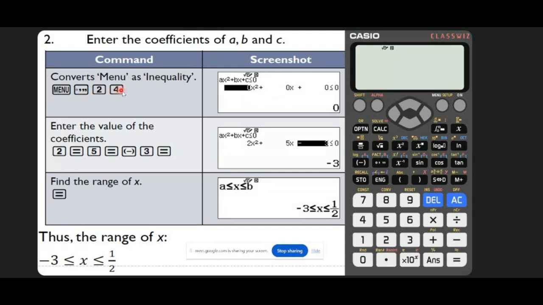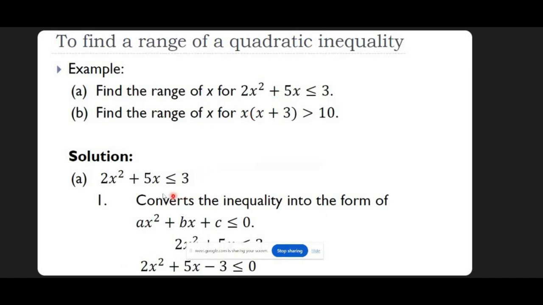After that, you will see the inequality symbol: larger than 0, smaller than 0, larger than or equal to 0, smaller than or equal to 0. So you can choose based on the question. For this question it is smaller than or equal to 0, so we need to choose number 4.